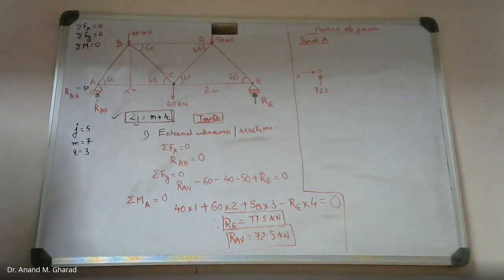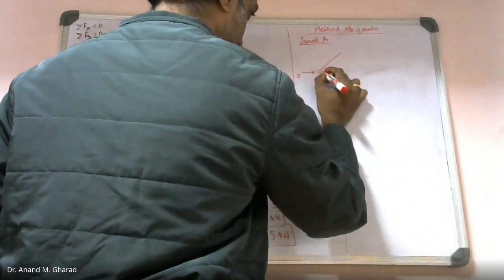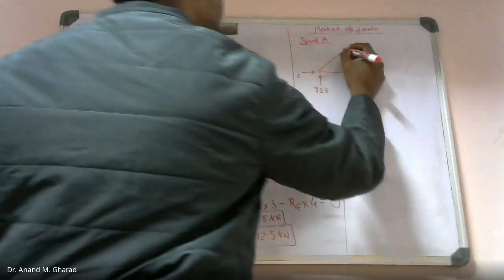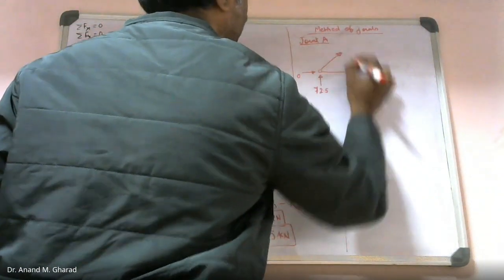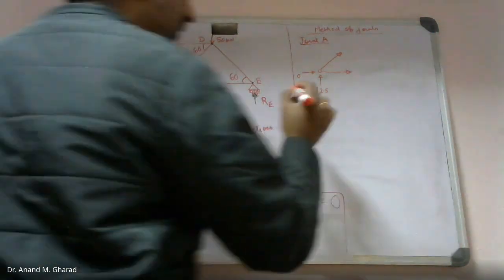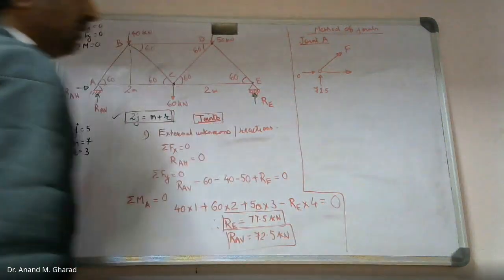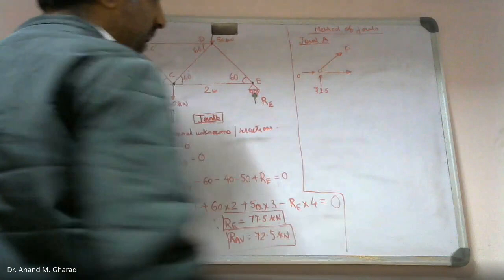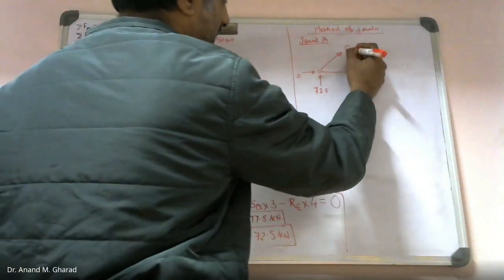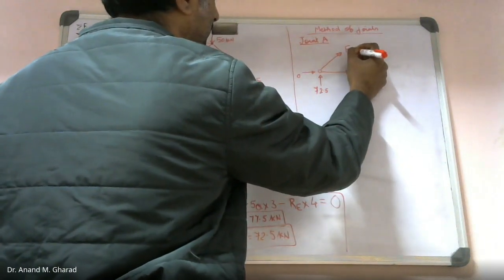There are two members attached, member AB and member AC. Initially I will assume tension force in both members, as I don't know the nature of the force.